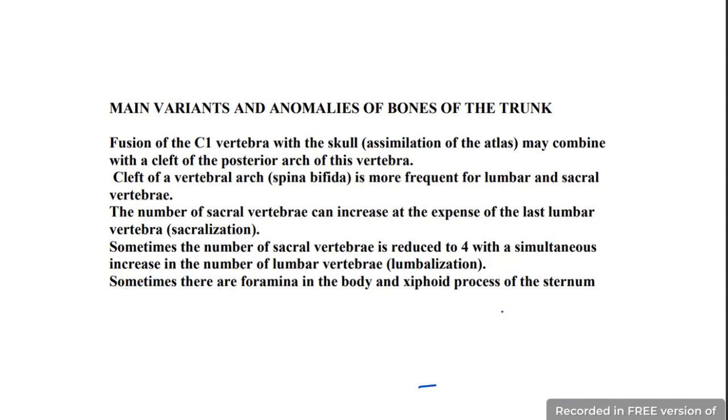Now the main variants and anomalies of the bones of the trunk are: the first one is the fusion of the C1 vertebra with the skull, and in that assimilation of the atlas may combine with a cleft of the posterior arch of this vertebra.